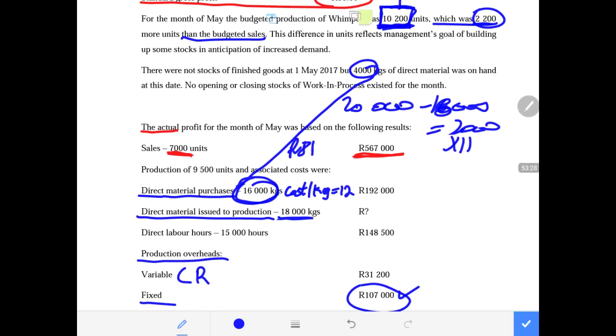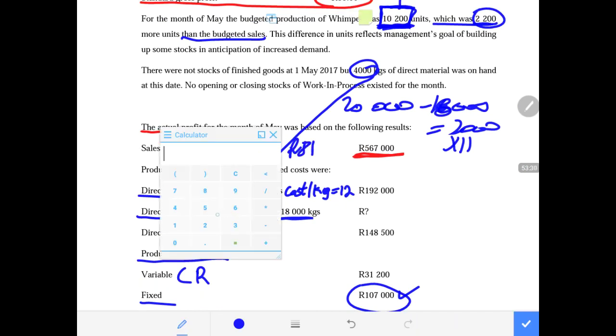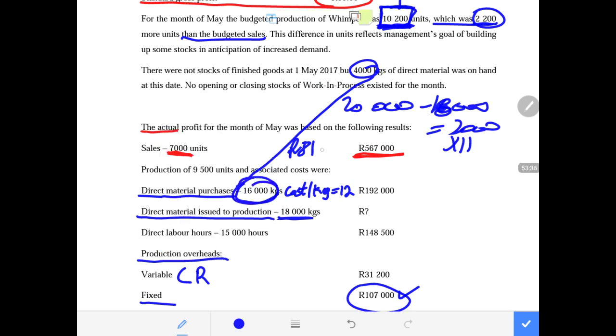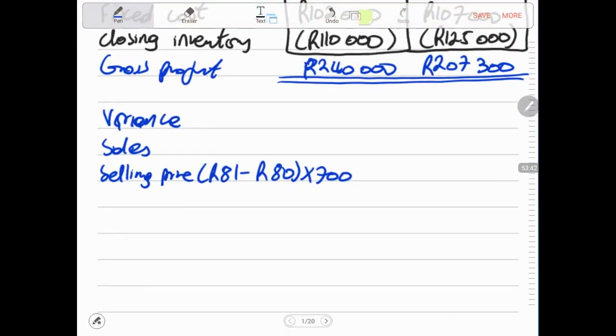If you remember, we had 81 rand, which came from 567,000 divided by 7,000, multiplied by actual sales. So it gives me a variance of 7,000, and this variance is favorable. 7,000 favorable. Then after that I go to my sales volume.